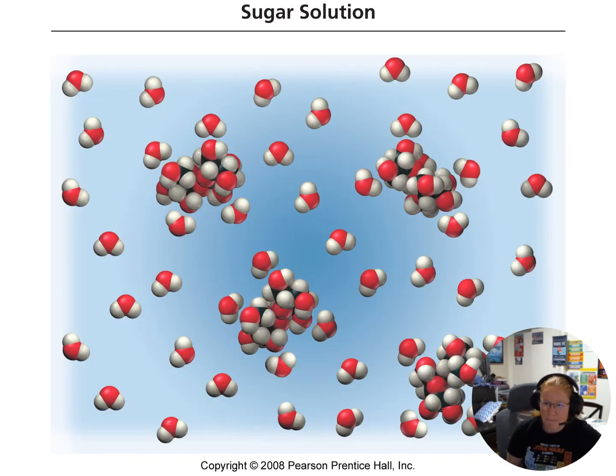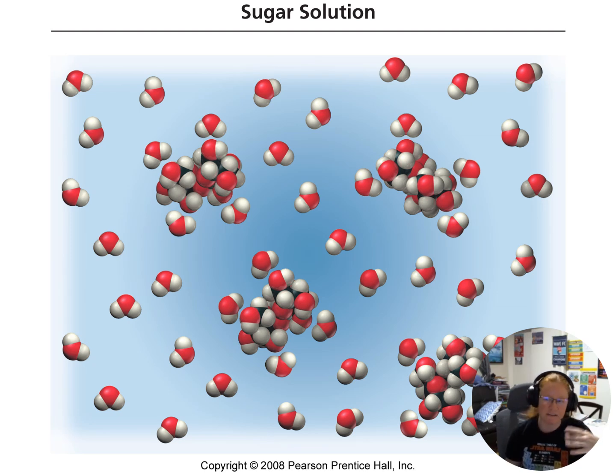Something like sugar, we still can get this to dissolve. Sugar does have a polar head on it, and it has a region that can participate in hydrogen bonding. One of the reasons why water has such unique properties is all of the hydrogen bonding that water does. And so in order to get something to interact, we need to have similar intermolecular forces. We get the ion-dipole interaction with water and an ionic substance.